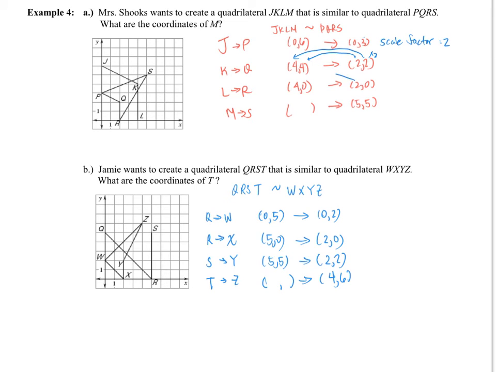And same for the x coordinate for L to R by 2. So I'm thinking that this point 0 must be multiplied by 2, but it's still 0. So the same goes for point P back to point J. So I have to take each of these 5s and multiply by 2 to get 10, 10. So that will be your point M.